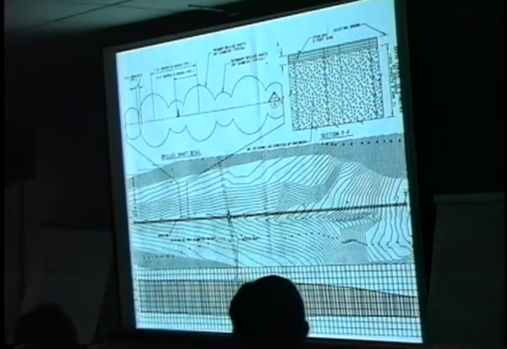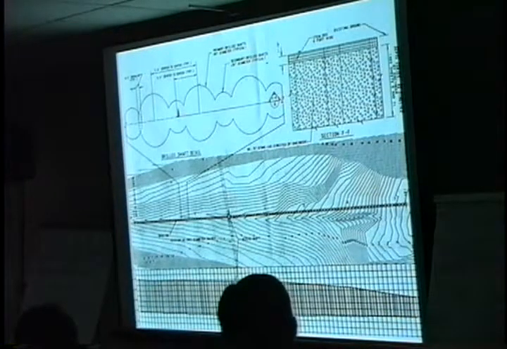This was done, or is being done, it's under construction right now, by drilled shafts side by side, and filling the drill shafts with granular material, and that serves as the curtain drainage or the cutoff to all of the upgradient water. And then of course the slope gets rebuilt. So in profile it looks like this.